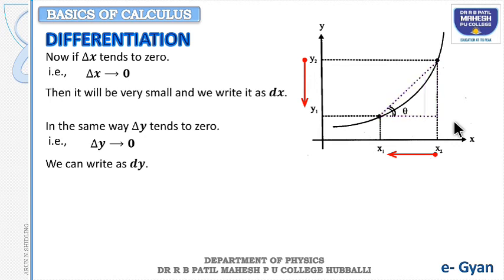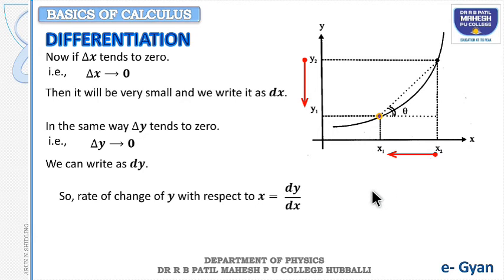I am reducing the size of the triangle and finally it will become a dot, and I am interested to find the rate of change at this point. So I write it like dy by dx. Delta x becomes dx, delta y becomes dy, and this is the rate of change of y with respect to x at one point itself.